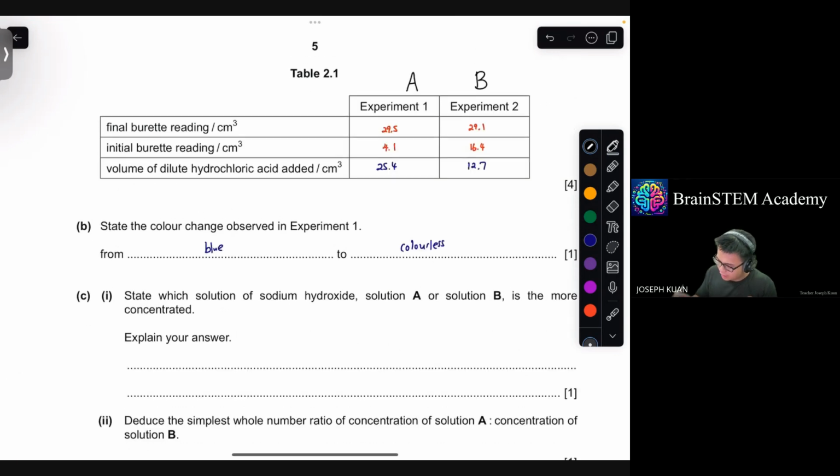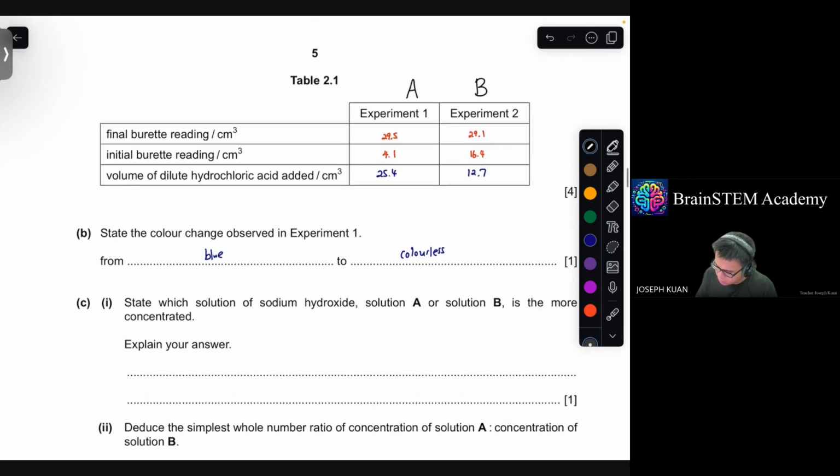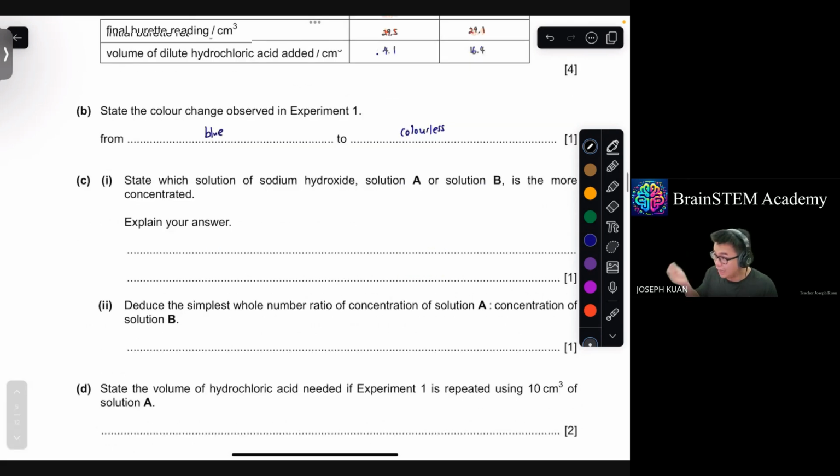Well, as you can see, the acid required in experiment 1 is more than experiment 2, which means that A is actually the more concentrated solution, as it requires more acid to get neutralized.